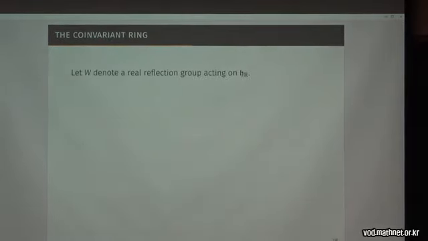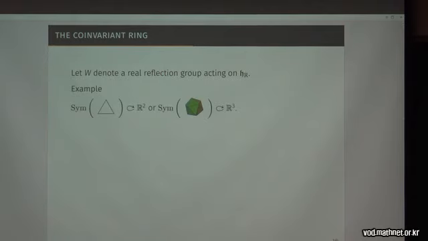So, before we took the symmetric group acting on a polynomial ring, and we built out of this a finite dimensional graded ring. But what we can do is take any real reflection group acting on a real vector space, and imitate the same thing. This would be similar to the example we just considered, whereas this example is something new.